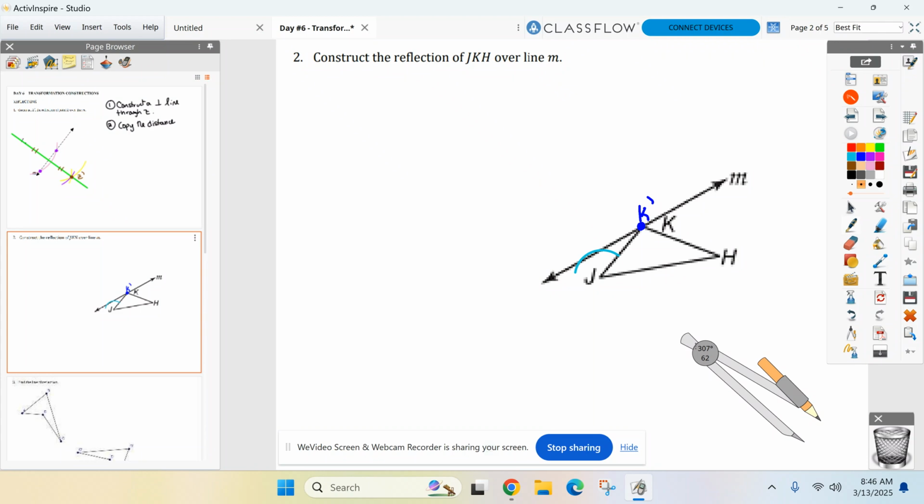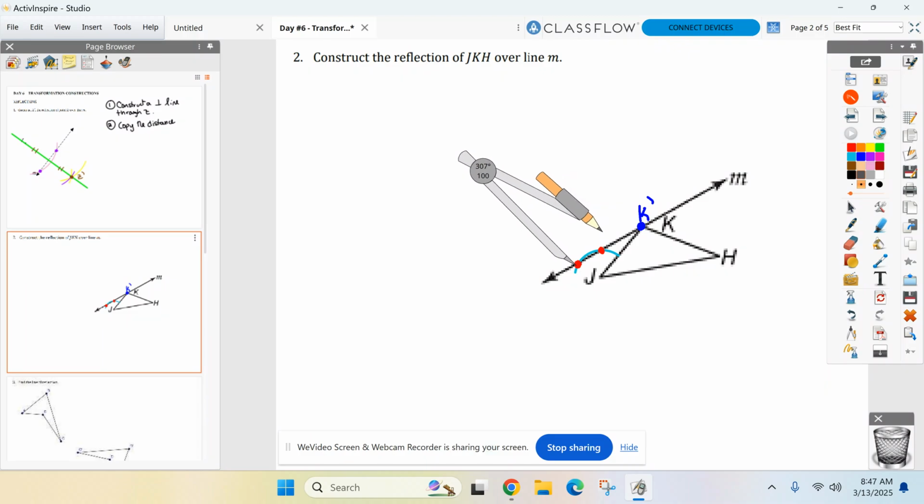Take your time. This one's a tough one because it's a kind of a small distance there. You have to be really skilled with your compass. Mark your two points of intersection. And remember, if you don't like that small opening, for the final two arcs, you can open up your compass a little wider.